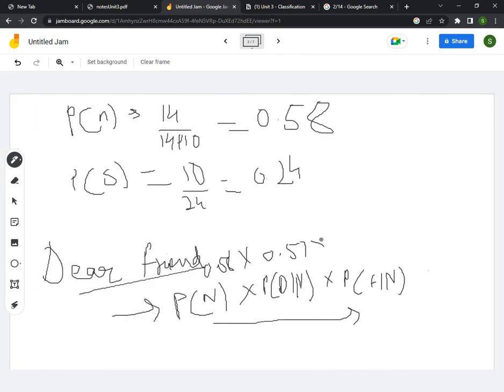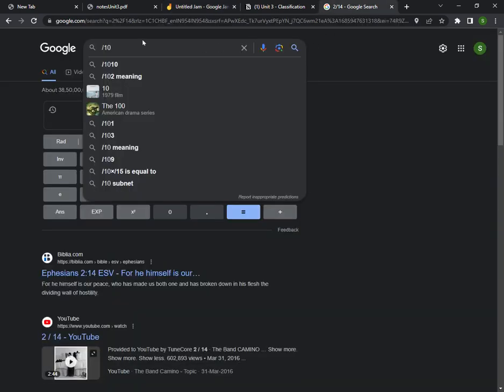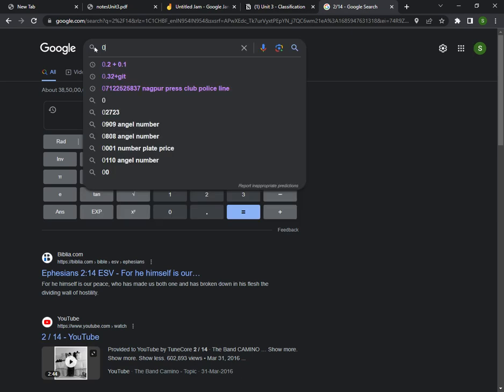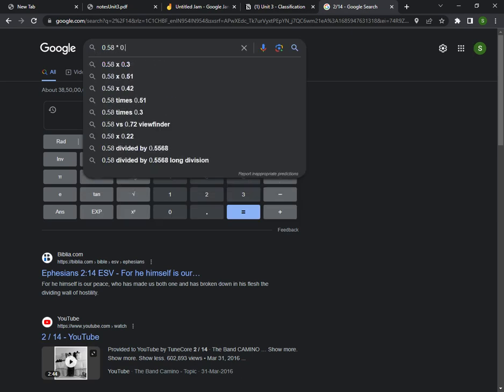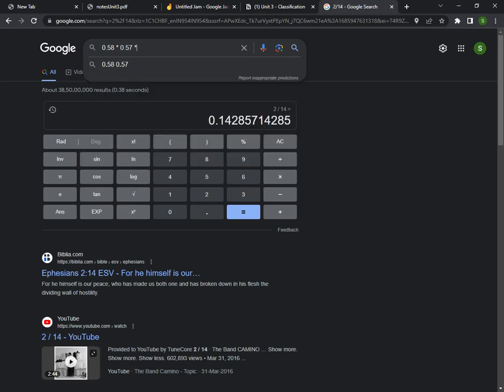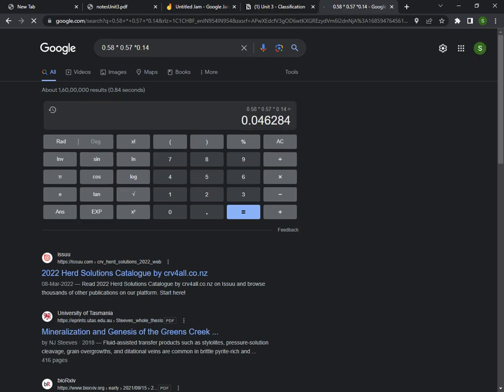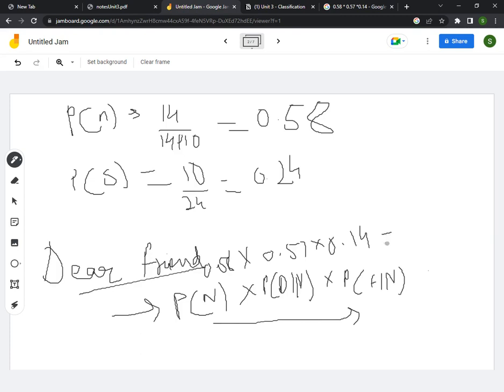Let me check what the answer is here. 0.58 multiplied by 0.57 multiplied by 0.14 is 0.046. This is the probability of the sentence "dear friend" for a normal email.